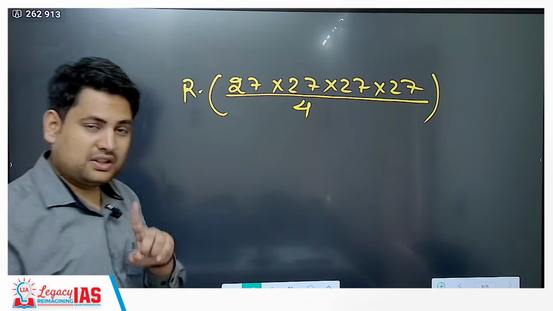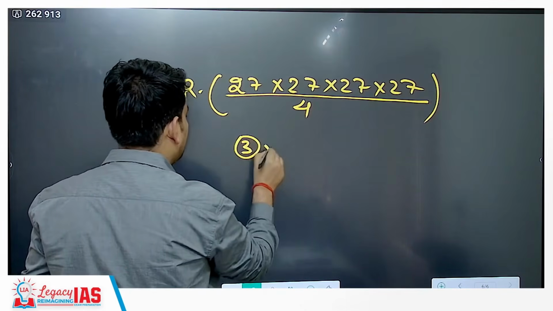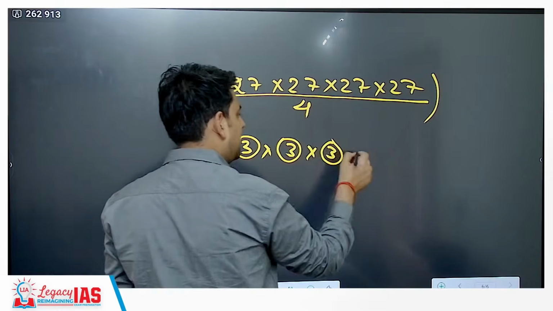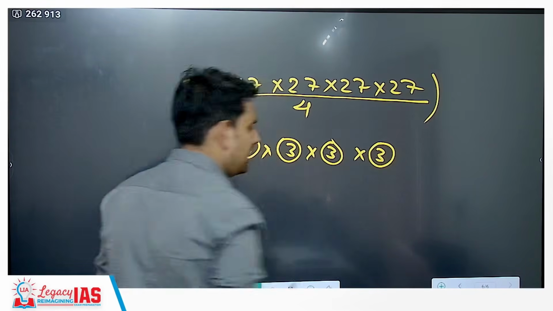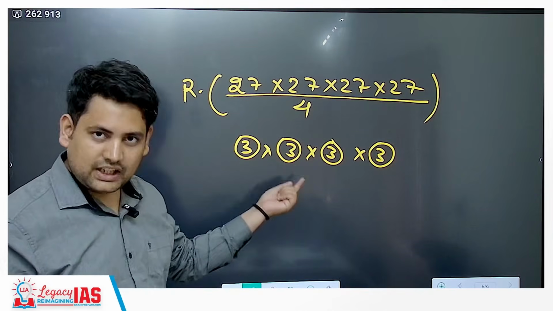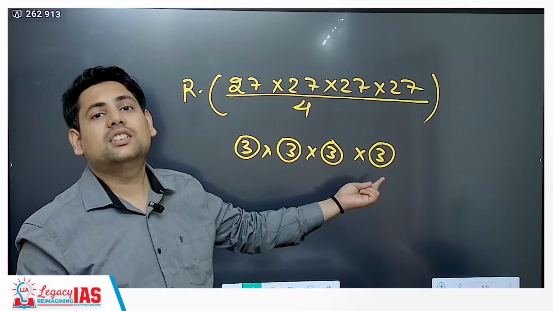That was the first concept that we learned. So 27 by 4 would be 3, again 3, again 3, again 3.